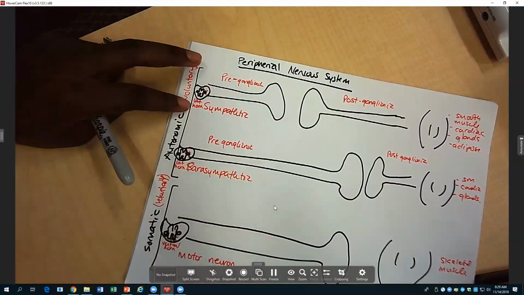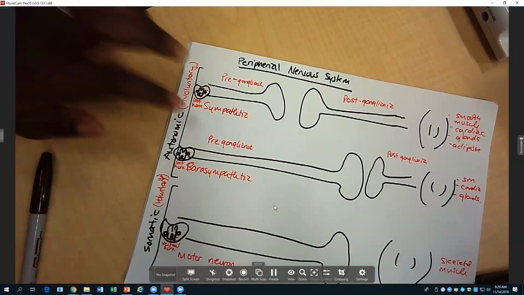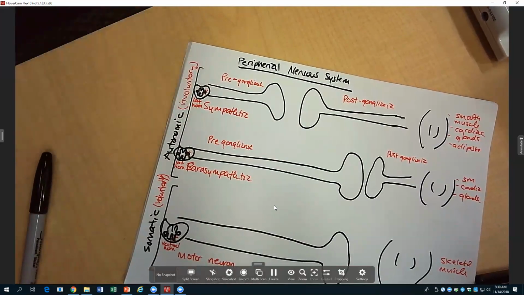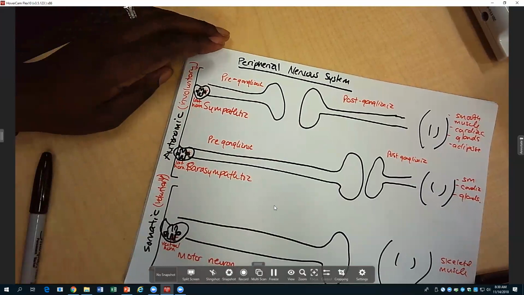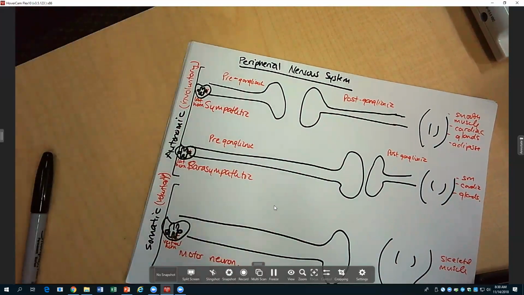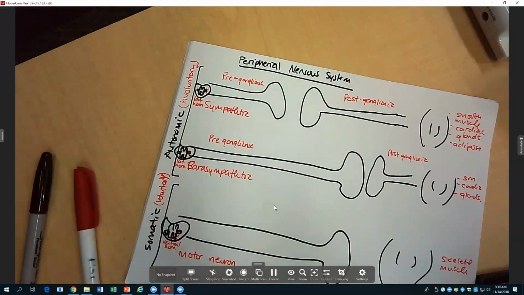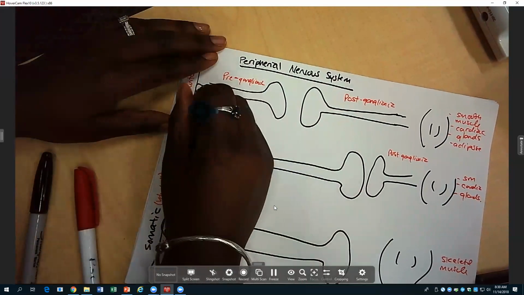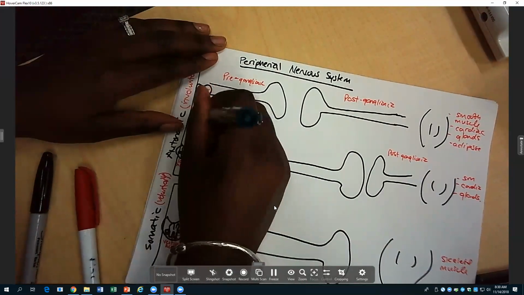Now, what area of the spinal cord did the sympathetic fibers come from? What levels or what segments? Thoracolumbar. So that was T1 to L2, right?